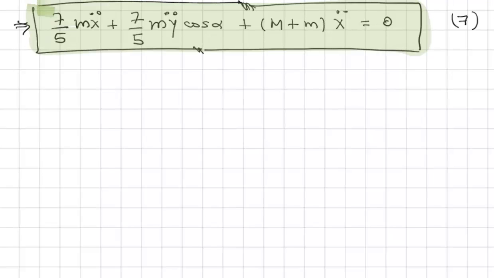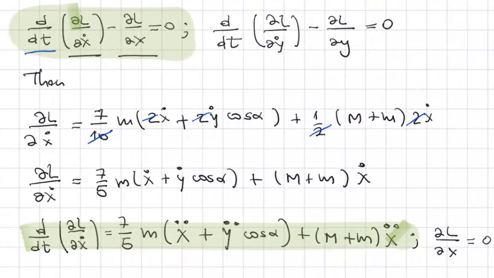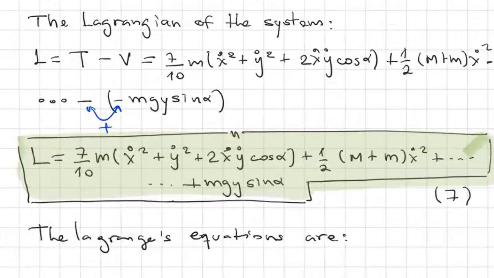Now let's work with the y component. The derivative with respect to y dot is dL/dy dot of the Lagrangian. If we check the Lagrangian real fast, the derivative of x dot squared is going to be 0. The derivative of y dot squared is going to be 2y dot. The derivative of 2x dot y dot cosine of alpha is going to be 2x dot cosine of alpha.